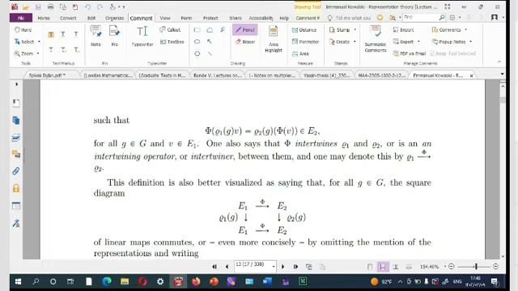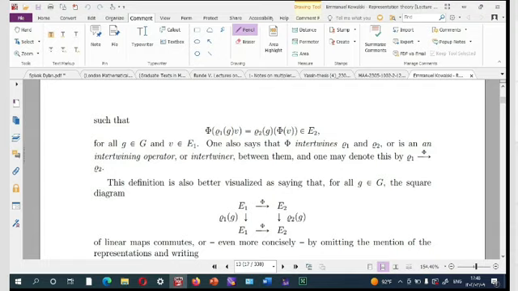One also says that phi is an intertwining operator, an intertwiner between them, and one may denote this by phi from rho 1 to rho 2.